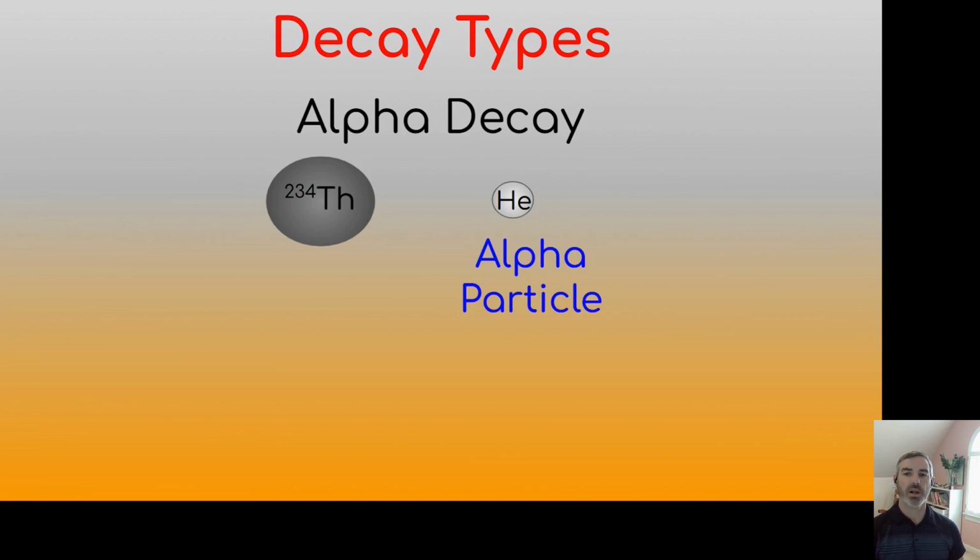So the generic version is we start with a parent nucleus, and that parent nucleus has a mass number of A and atomic number of Z, and it breaks down into a daughter nucleus, which we'll call Y. In the daughter nucleus, the mass number decreases by 4, and the atomic number decreases by 2, because 2 protons and 2 neutrons are what make up that alpha particle.